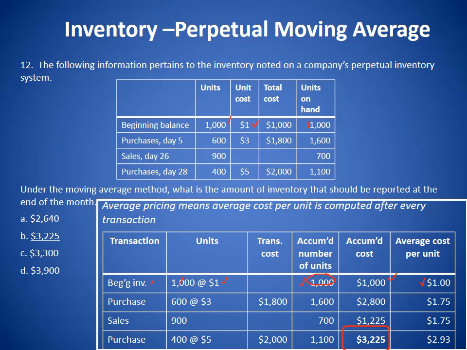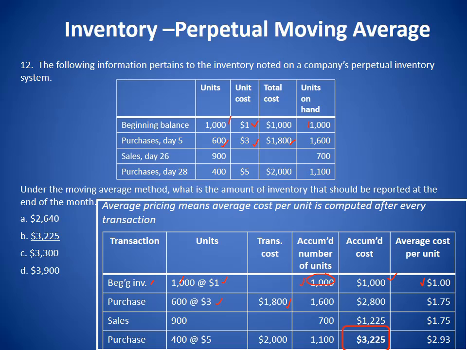So the accumulated cost is $1,000. Then we move on to purchases in day 5. We're purchasing 600 units and we're paying $3 per unit, and that means there's going to be a total cost of $1,800. So here we show the purchase, 600 units at $3 a unit. The total transaction cost for this transaction is $1,800.